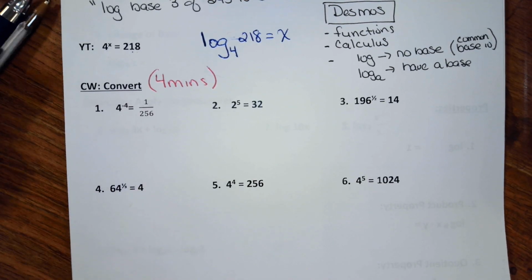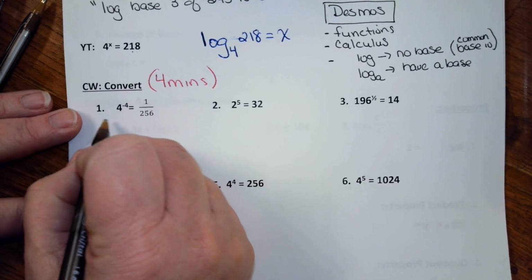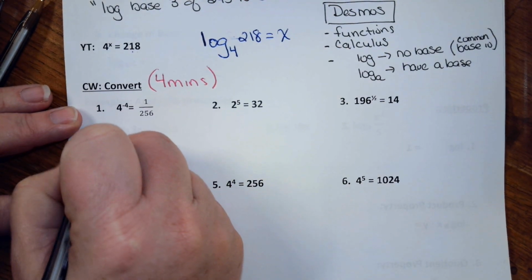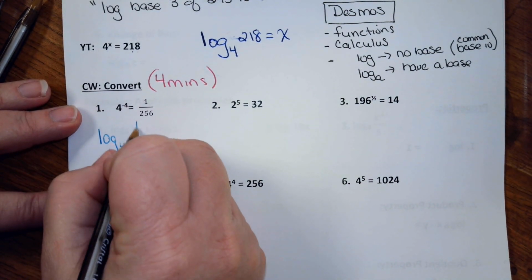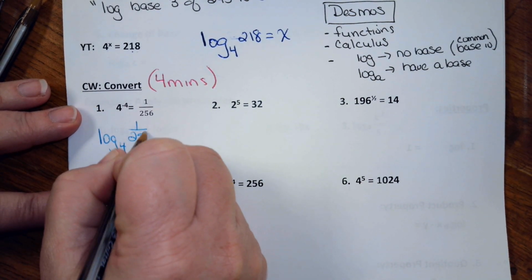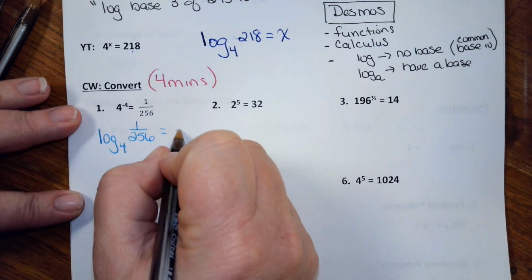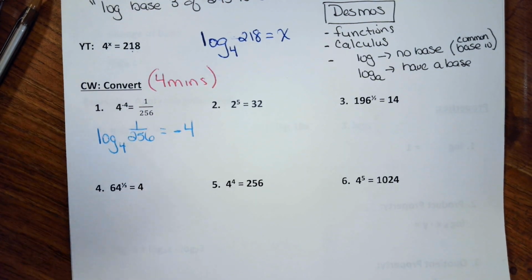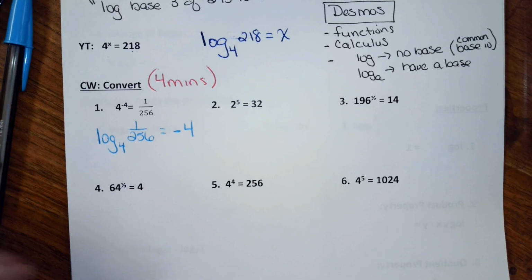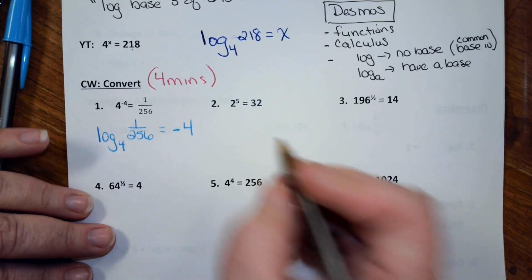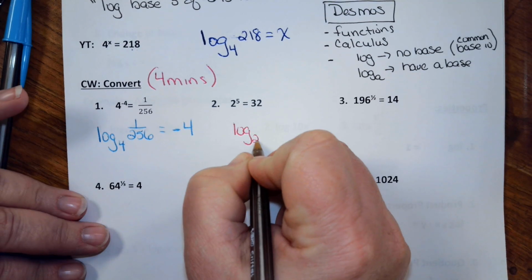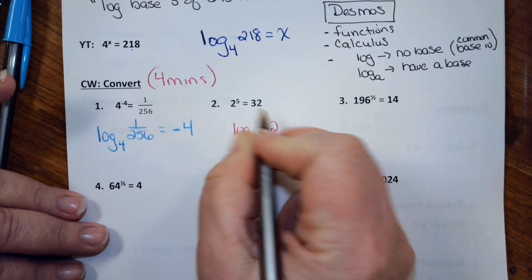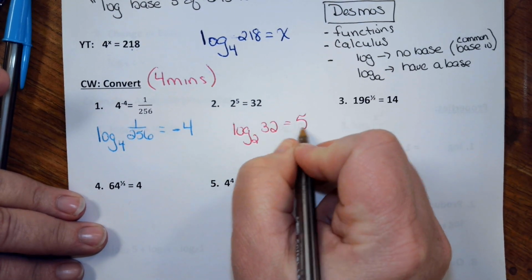All right, so let's see how we did here. For number 1, we've got the log, our base is 4, our constant is the fraction 1 over 256, equals our exponent of -4. For number 2, we've got the log, our base is 2, constant is 32, and then our exponent is 5.